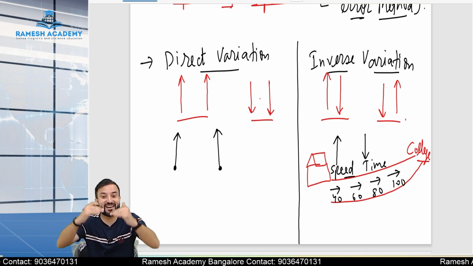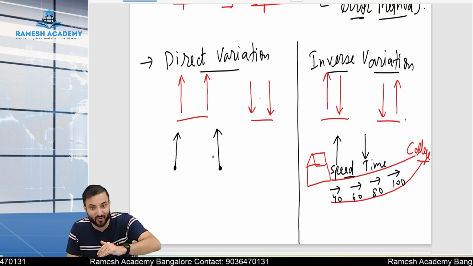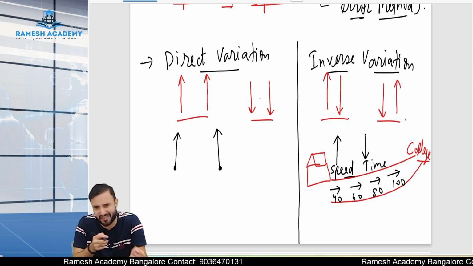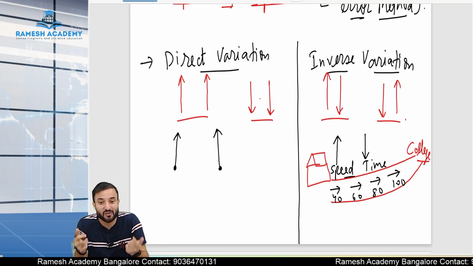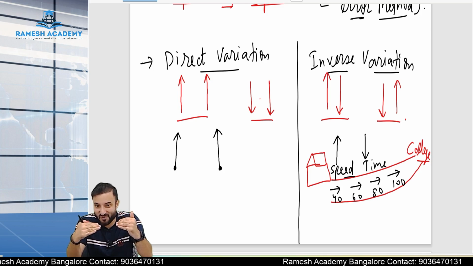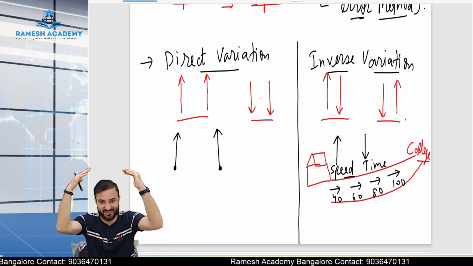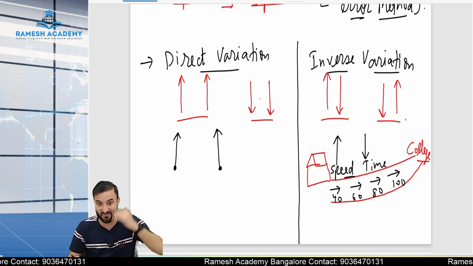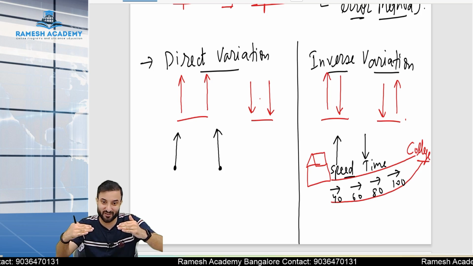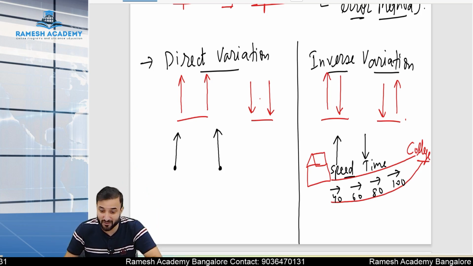So that is direct variation. You are calling, that person is also calling you, you are texting, that person is also texting you. So both are calling, both are texting, both are chatting, the relationship is going good. So directly proportional. You are giving more time, she or he is also giving more time, life is going good. Inverse proportional.